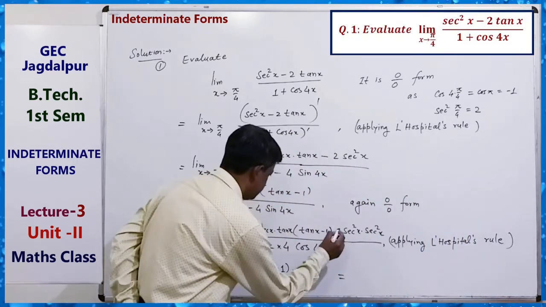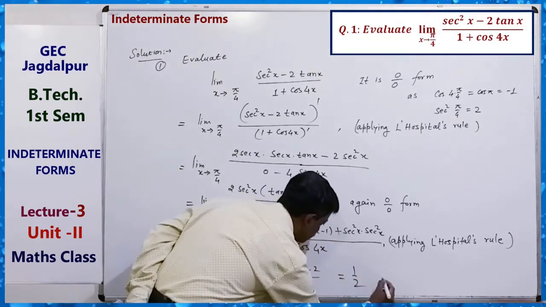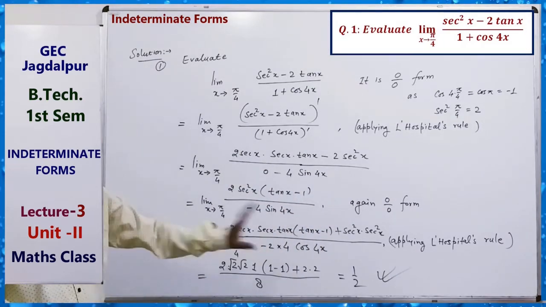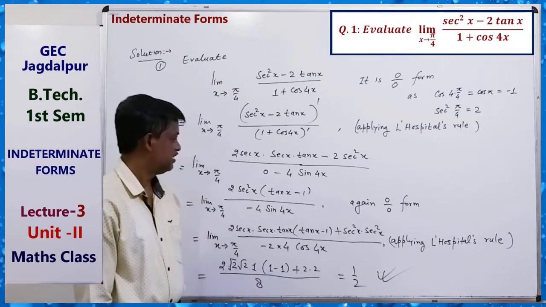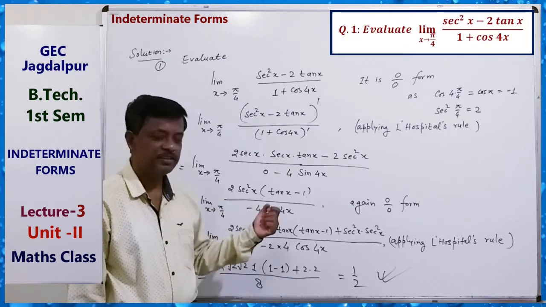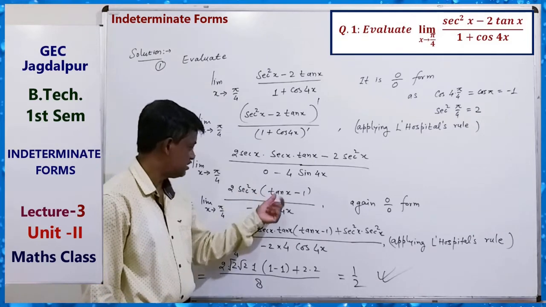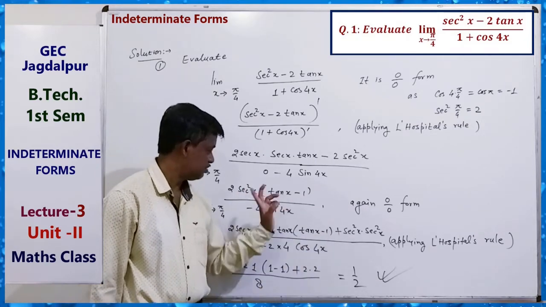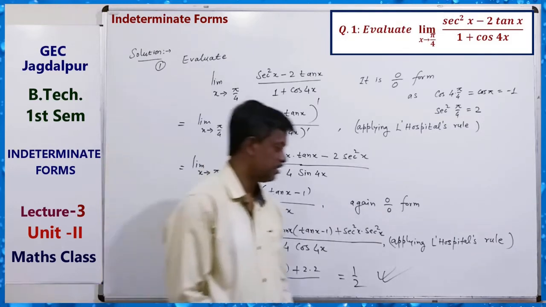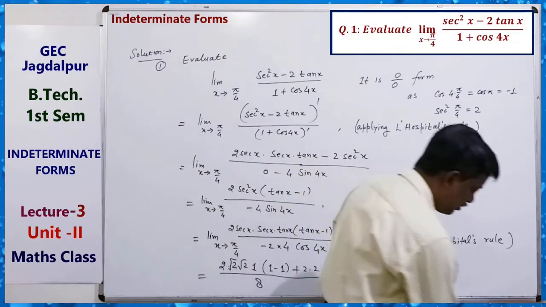So this is plus sign there, no? So this is equal to 1 by 2. So this is the limit. So this is the value. So here plus sign is there, no? Because the quotient formula is not here. Here the formula is only the product rule. This into this, just here plus sign. Sec square into sec square. Okay. So 1 by 2 is the limit. This is the value of this indeterminate form.